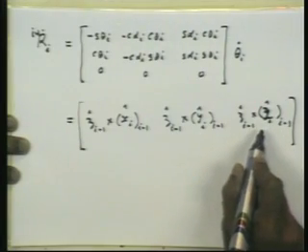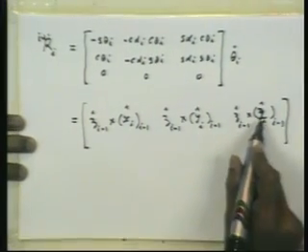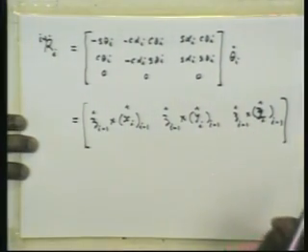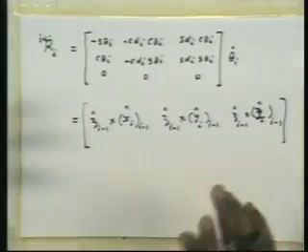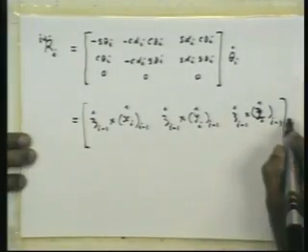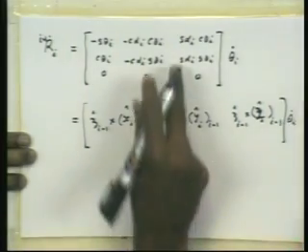Now this is not 0 because these are two different vectors, right? The angle between them being that alpha. So this matrix turns out to be this.